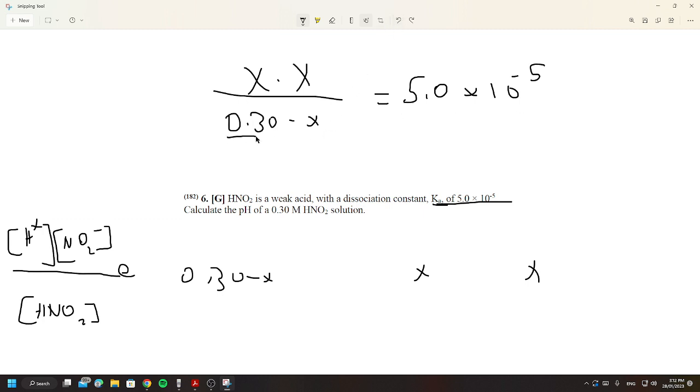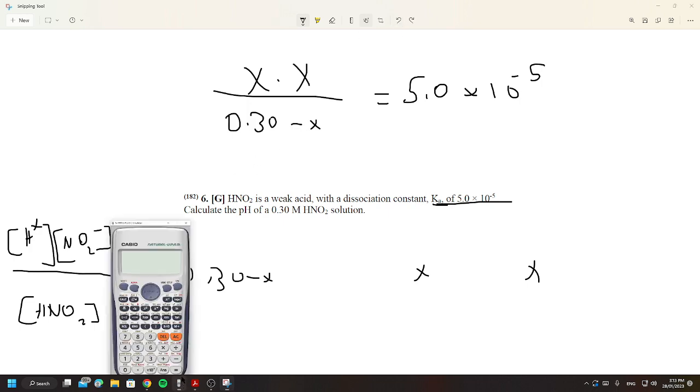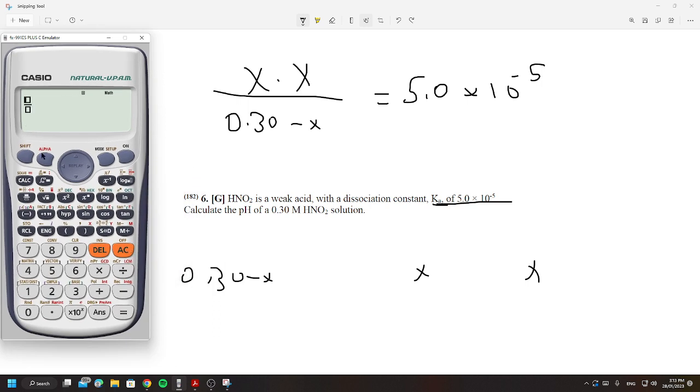Therefore, for 0.30 minus x, we can assume that x is a very small number, since our result here is a very small number. Therefore, we can just rewrite it as 0.30, and that's it. So x times x, so x squared over 0.30 gives this. And I'm going to prove to you that this is a very small number later on. I'm just going to solve it on the calculator now. So x squared over 0.30 equals 5.0 times 10 to the power negative 5.